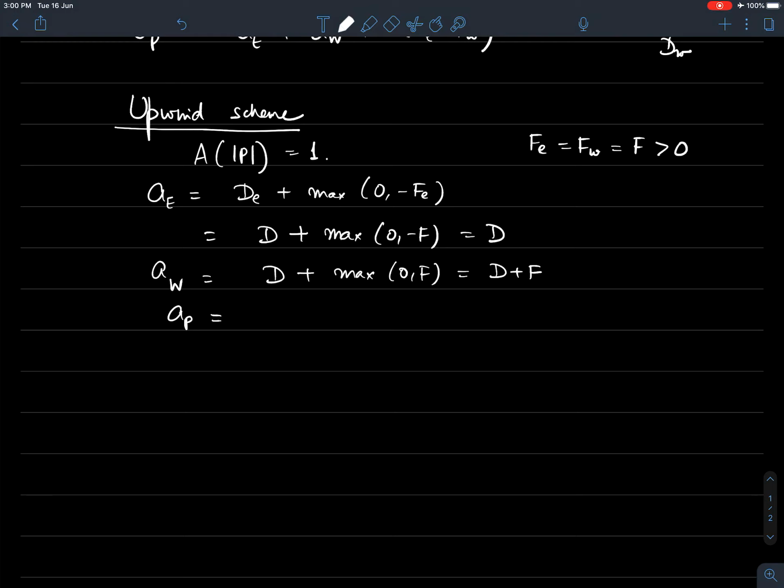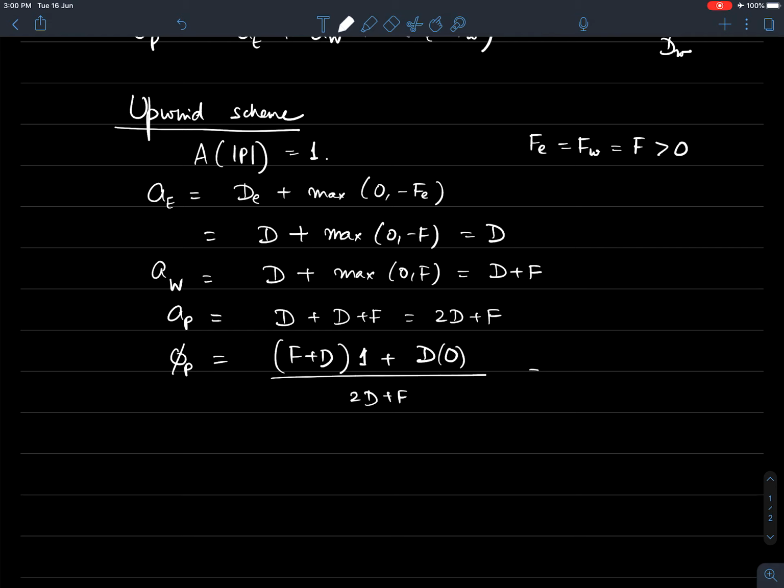If FE and FW are equal for this one-dimensional problem, we'll have D plus D plus F, which becomes 2D plus F. And so phi P, which is AE phi E plus AW phi W by AP, will become F plus D, which is AW, into phi W, which is 1, plus AE into phi E, which is 0, divided by AP, which is 2D plus F. This becomes F plus D by F plus 2D, which, if I divide the numerator and denominator by D, gives 1 plus P by 2 plus P, where P is the Peclet number given by F by D.